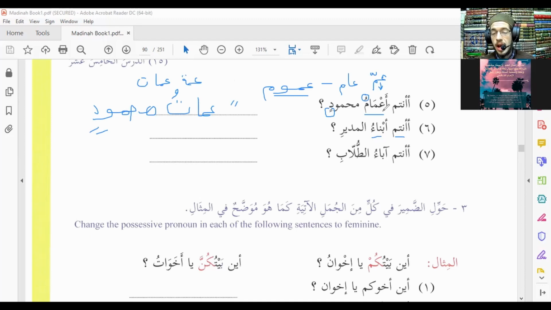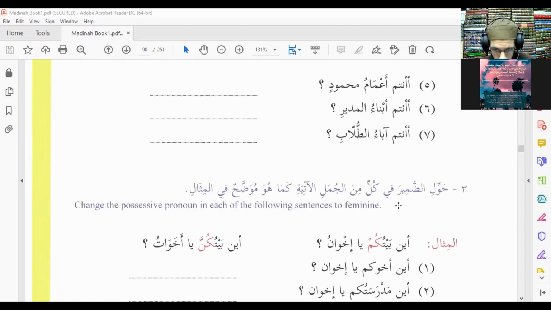But take, for example, a'mamu, which is the plural of ammun, right? The feminine singular is ammatun. It's the same exact word, just with a ta marbuta. And yet, just the addition of that ta marbuta ends up with a sound feminine plural. Whereas this word, the singular masculine, ends up in a broken plural. A'mamu. Good.